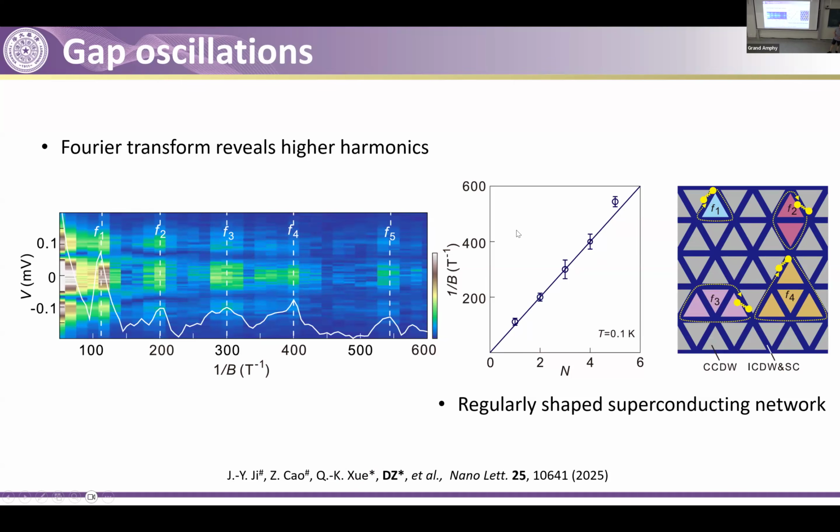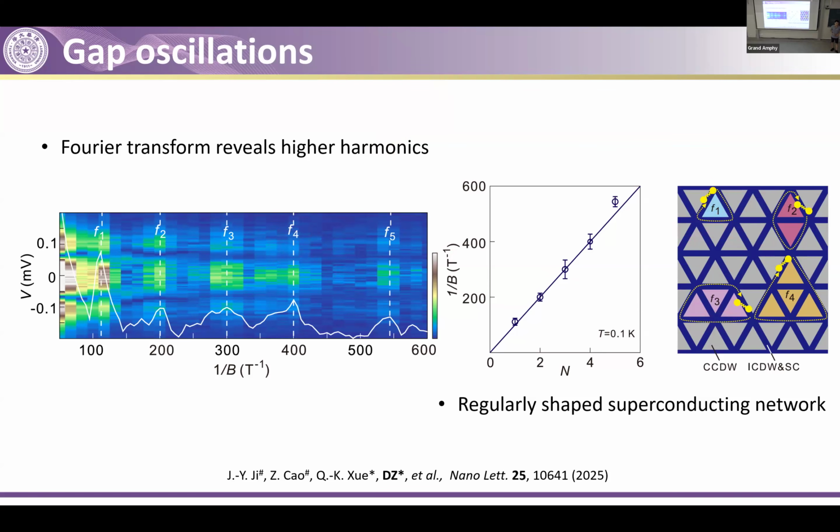So what is the origin of this? To us, this is again speculation: for the resistance oscillation, we speculate it comes from the Little-Parks effect of the superconducting network. If you take that picture, then these oscillations and higher harmonics mean that the Cooper pairs can go around one region, or around two, or even three, or even four.